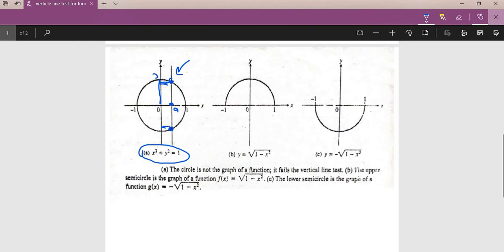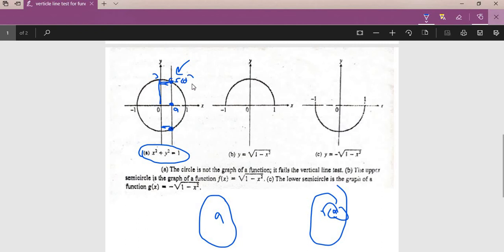For a function this is impossible, because in the definition of a function we said that each input has one output. Let's say this is a, and as we can see, the two values are not equal: this one is in the negative plane and this one is in the positive quadrant. Let's say this point is f of a1, and this point is f of a2.